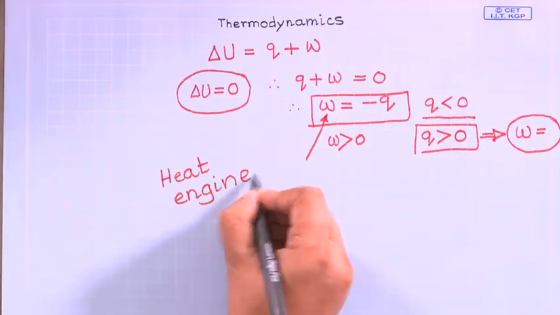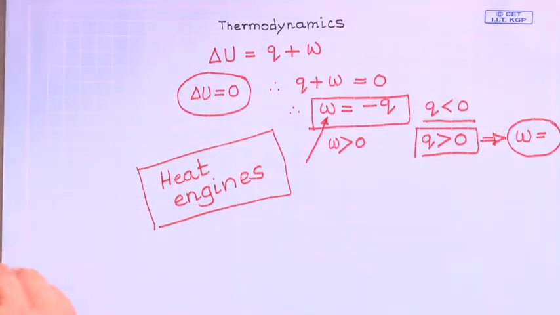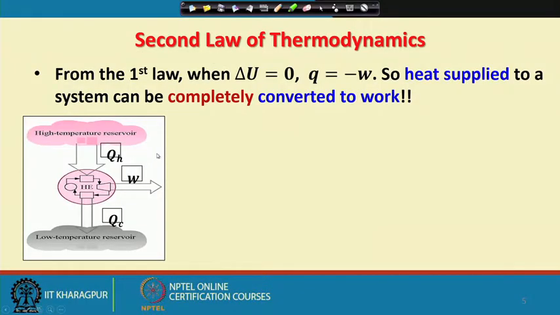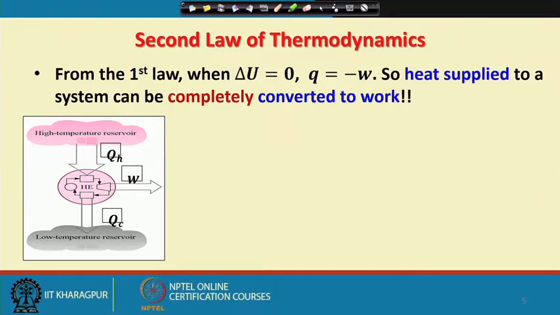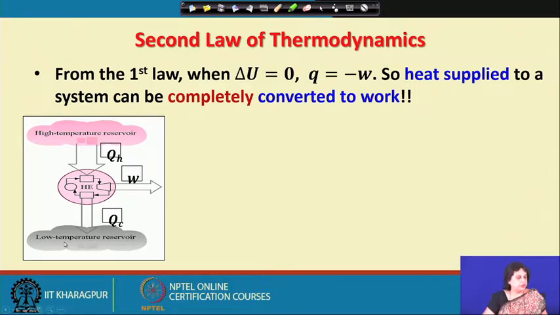Now, you must have come across heat engines while studying thermodynamics. Since this is a review class, I am going to look up some brief description of what a standard heat engine does. For the maximum efficiency, one introduces a heat engine that operates reversibly between a high temperature reservoir and a low temperature reservoir. So, it undergoes a cyclic process.